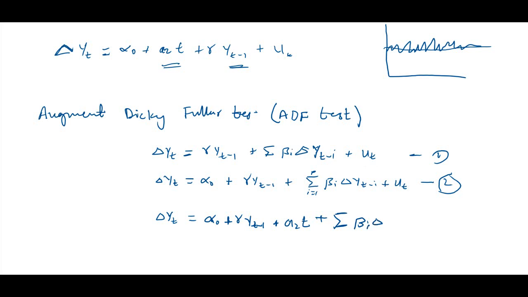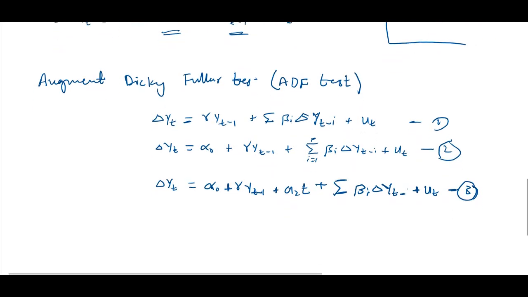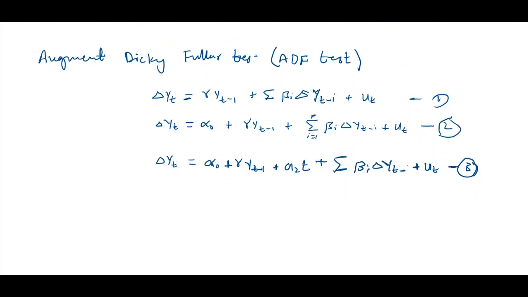And now we introduce the lag terms with beta i, and change in the dependent variable yt minus i plus ut. Forgive me for the miswriting, because the pen doesn't work on certain areas of the laptop.